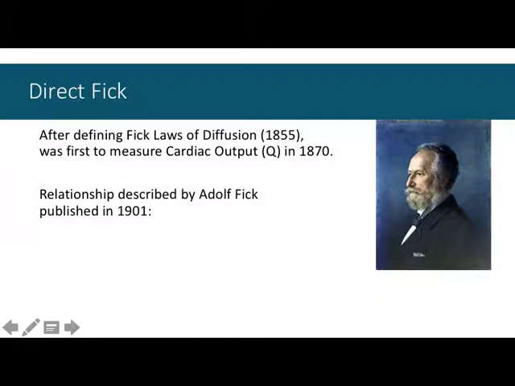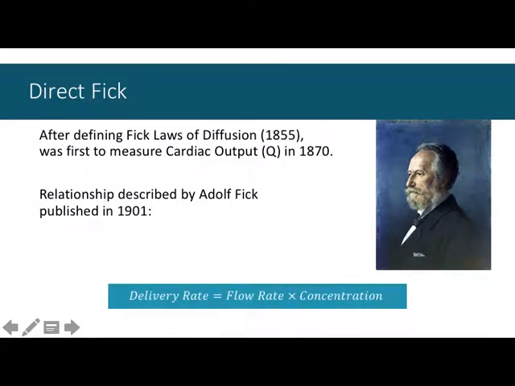which we boil down to, in general terms, delivery of a substance is the flow rate times the concentration of that substance. Which makes sense. If you think about it, the amount of something that a tissue receives, well, let's use the sink example.